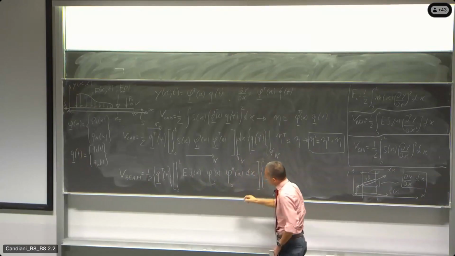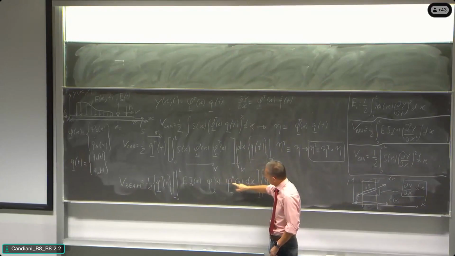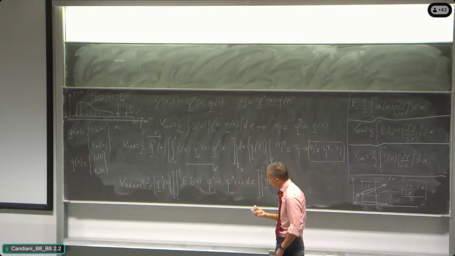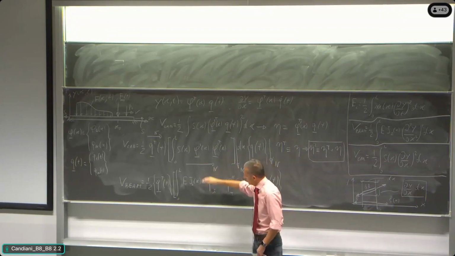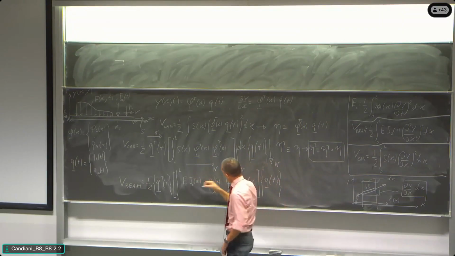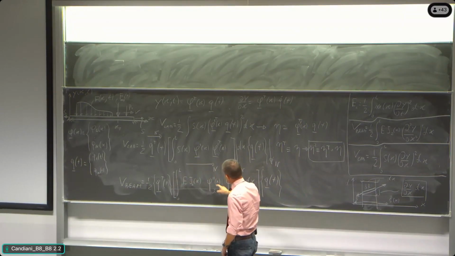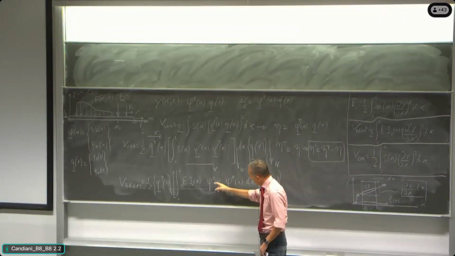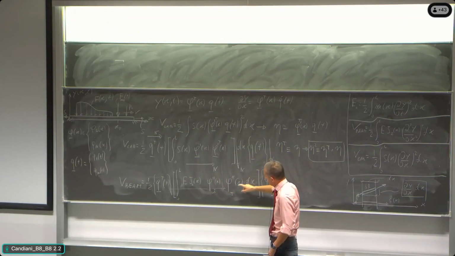So I prefer now to write in a different way. I write not the vector multiplying the vector transposed, but I write the ij element of the n by n matrix. So this object here is an n by n matrix where the ij element, in the ith row and jth column, is made by the product of phi i, the ith eigenfunction second order derivative, multiplying the jth eigenfunction second order derivative.